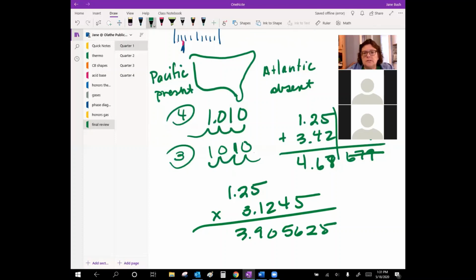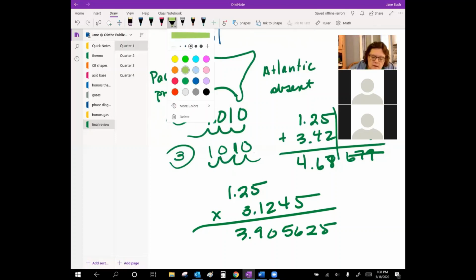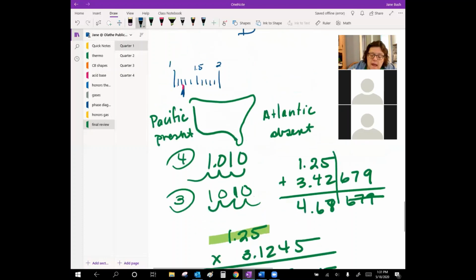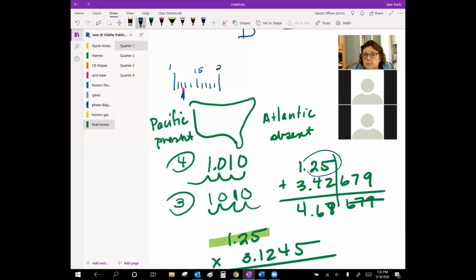The least number of significant figures in this was 3. So we have to go to 3 significant figures. Because that 5 is a 5 or greater, the answer would be 3.91. Okay, so when you're multiplying, you use the least number of significant figures. When you're adding, you use the least number of decimals.